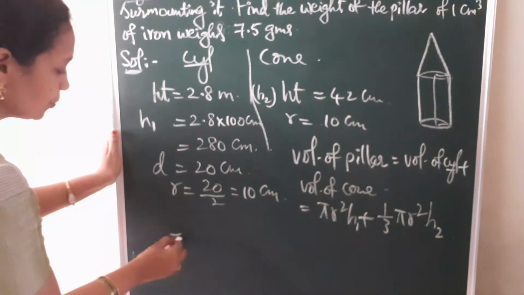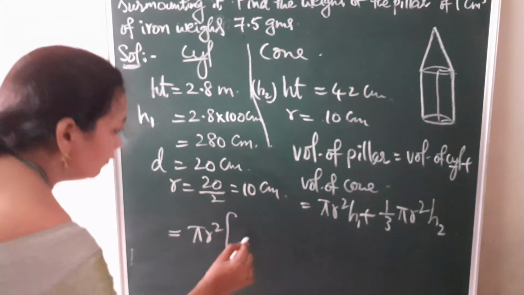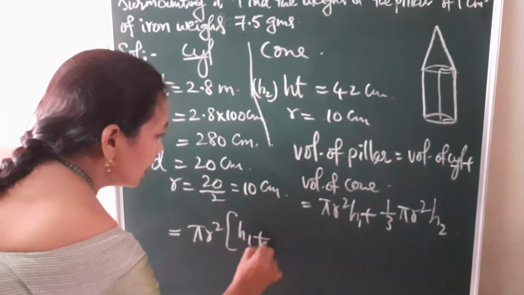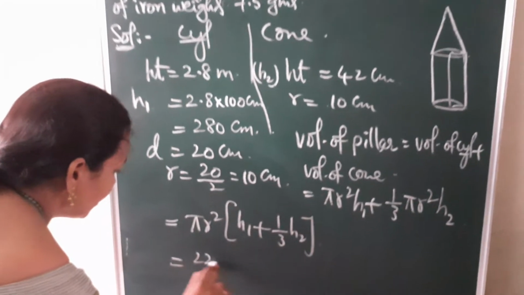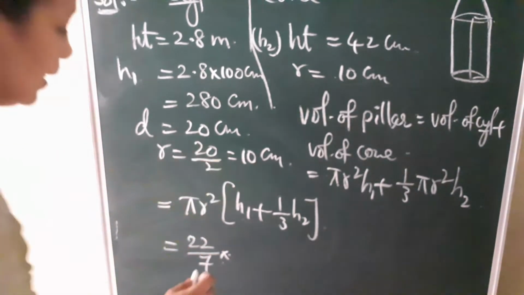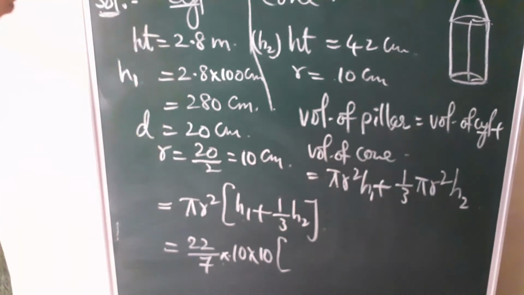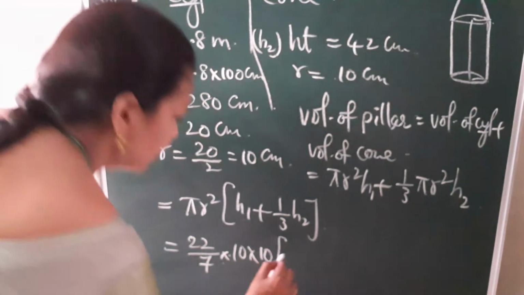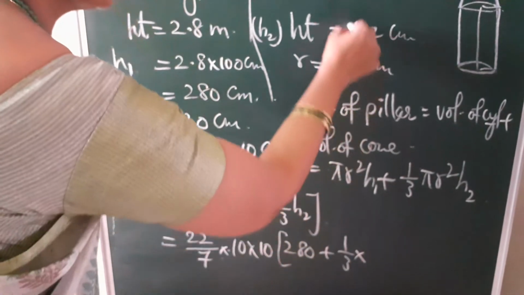Then on substituting, what you can take common? Pi r square as common, and h1 plus 1 by 3 h2 will be left over. That is equal to 22 by 7 into r is 10, 10 into 10, of h1 is 280 plus 1 by 3 of h2 is 42.